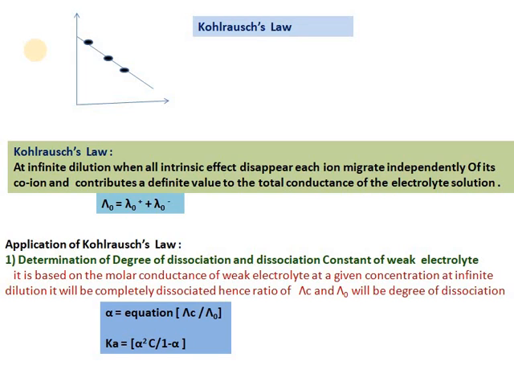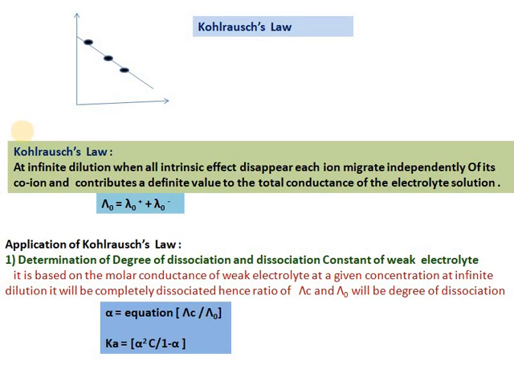At infinite dilution, the weak electrolyte is also completely dissociated, and therefore the limiting molar conductance of the weak electrolyte will be a measure of its complete dissociation. Hence, the ratio of lambda c to lambda 0 will be equal to the degree of dissociation of the weak electrolyte, right?